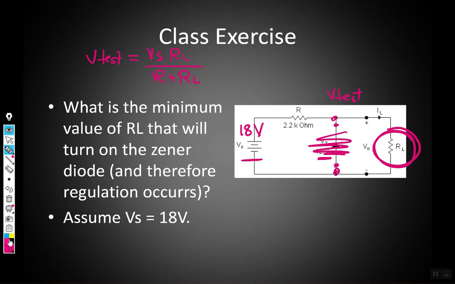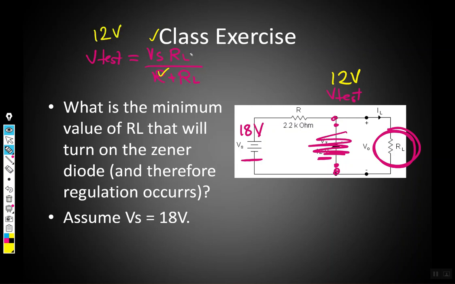Now, in this scenario where we don't know what RL is, we do know Vs, we do know R, and we know V test, because the scenario we're looking at is what's the value of RL that is going to turn on the Zener diode and cause regulation. Well, we know that that has to be at least 12 volts.